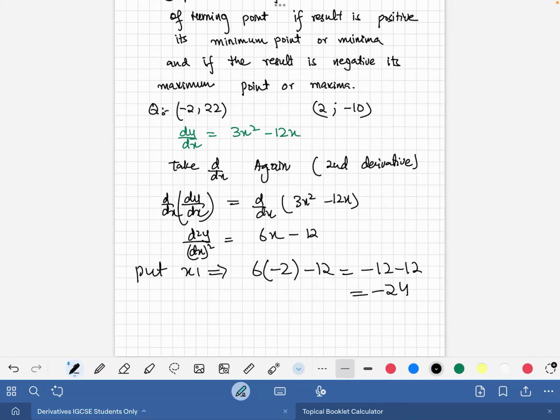The answer is negative. -24 is negative. Agree? So it's a maximum point. Now, Avinash, can you see that -2 and 22 is maxima? Maximum point or maxima.